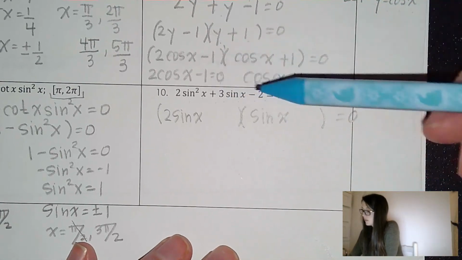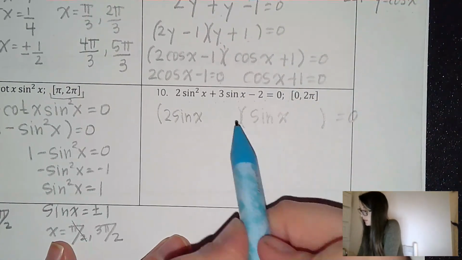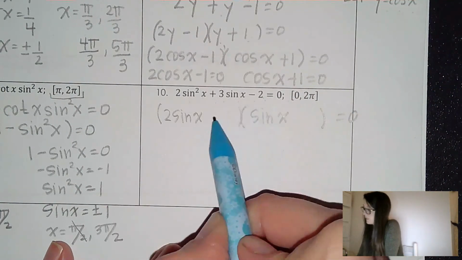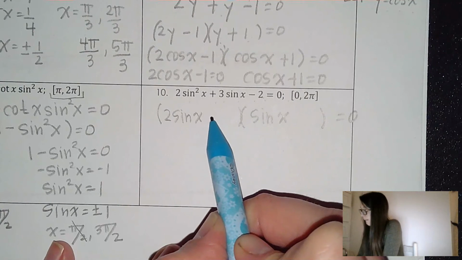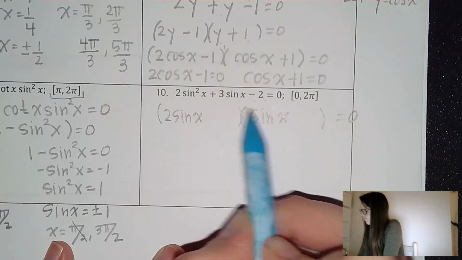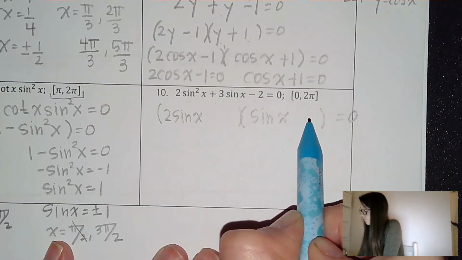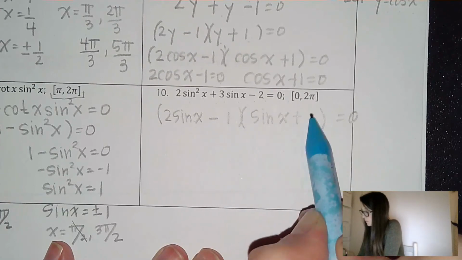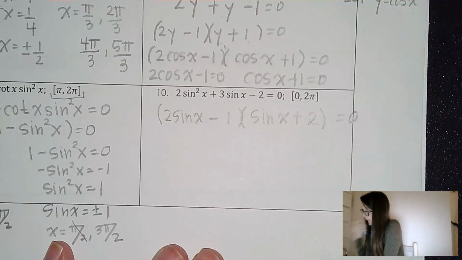Alright, so then here we would have a 2, so one needs to be a negative and then one needs to be a positive. So I think that would be it.